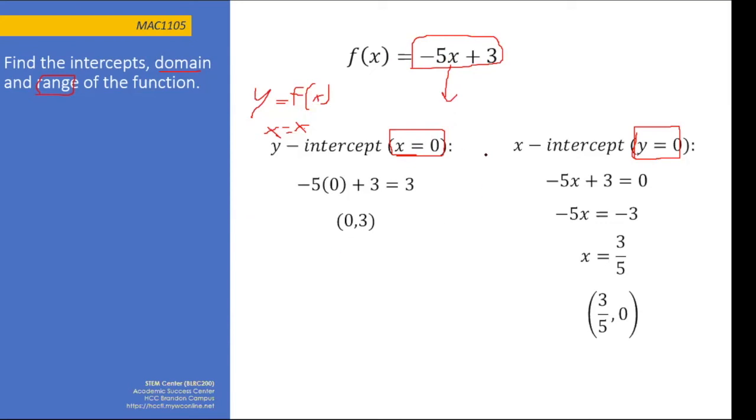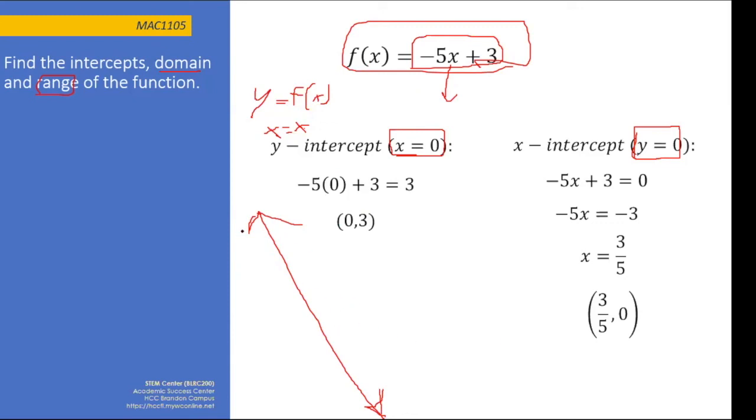So in this case, the domain is whatever we want. Then for the range, that will depend on the domain. So we know that we can have whatever x we want. So that means since our equation up here is a line with a slope of negative 5, it will look something like this, and it will keep going like that because we can have whatever x we want.